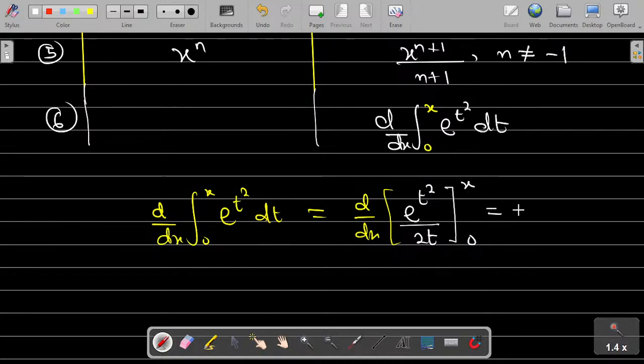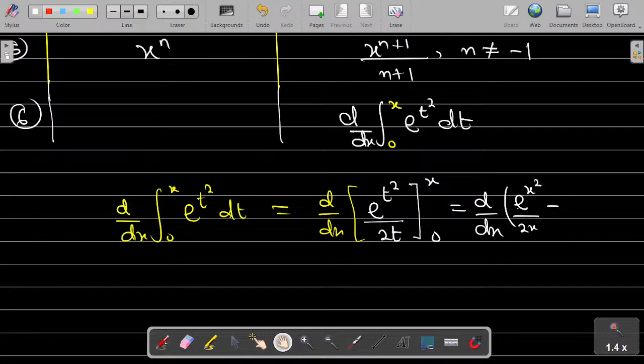If you do that, you are going to have d/dx of, now remember in substituting, you will put your t as x, which is the upper bound, so we'll have e^(x squared) all over 2x, then minus, remember you subtract the substitution of the lower bound.